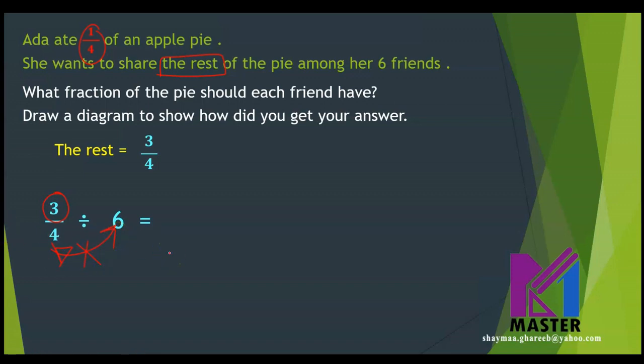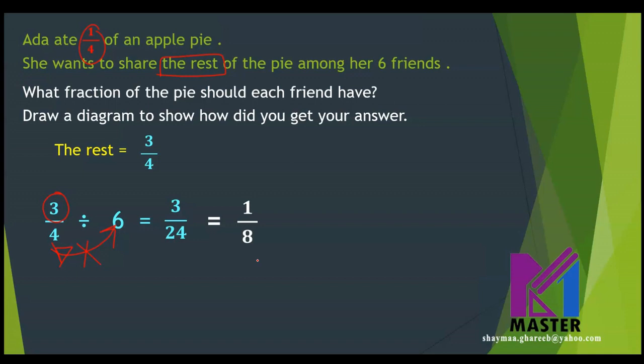So the answer will be 3 over 24. Can I simplify it to the simplest form? Yes, if I divide up and down by 3, the answer will be 1 over 8. So each of her friends will get 1/8 of the pie.